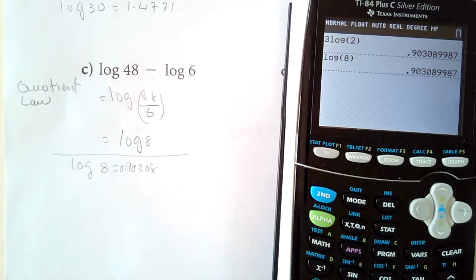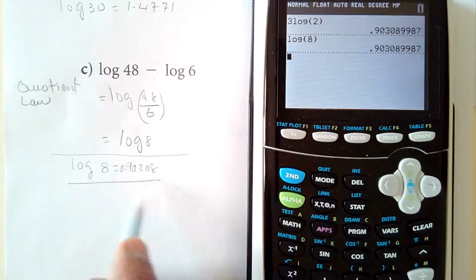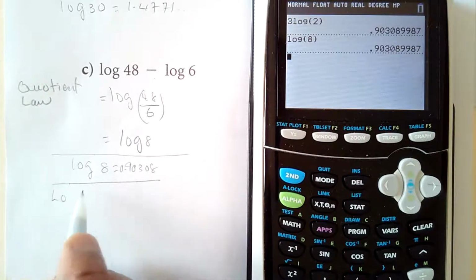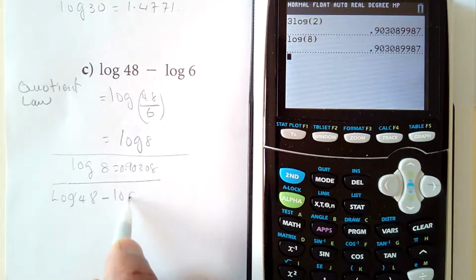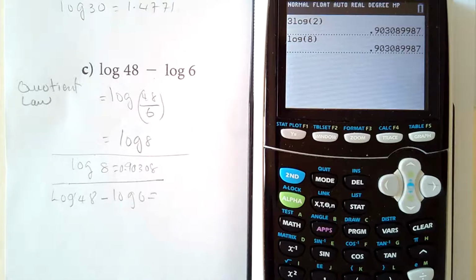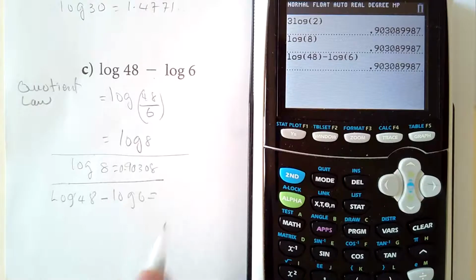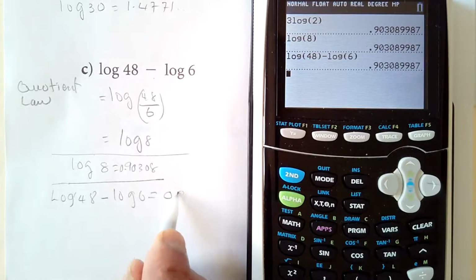And now we have log 48 minus log 6. It should give us the same result. Let's see what log 48 minus log 6 is, 0.903.